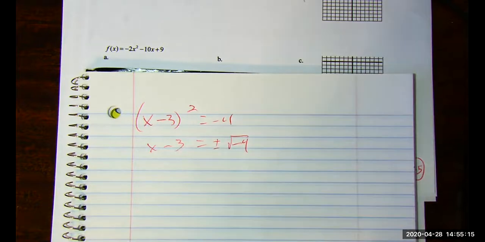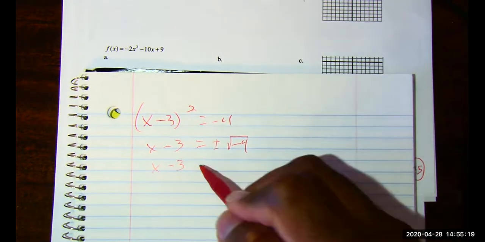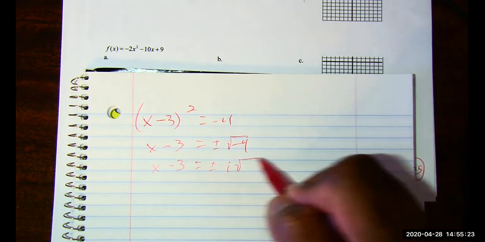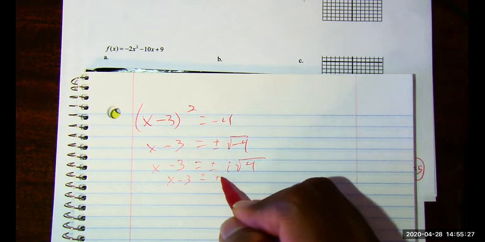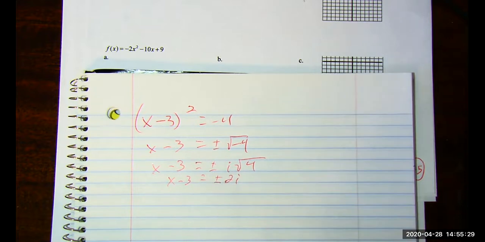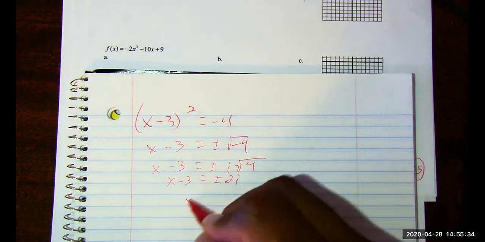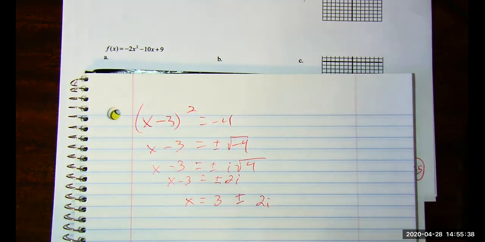That's why mathematicians introduce i. Imaginary numbers are a way to work around what we cannot do. So it'll be plus or minus, remember, pluck out the i, square root of 4, or x minus 3 equals plus or minus 2i. That's why complex numbers always come in pairs, because of the plus or minus. x equals 3 plus or minus 2i.